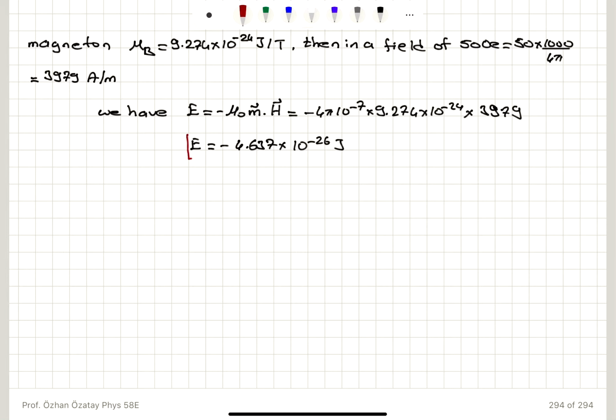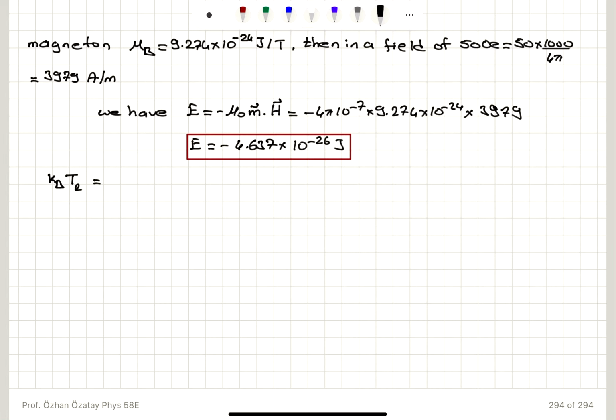Now, how about the value of kT at room temperature? This is 1.38 times 10 to minus 23 joules per Kelvin times 300 Kelvin, room temperature. Roughly, this is going to give me 4.14 10 to minus 21 joules.